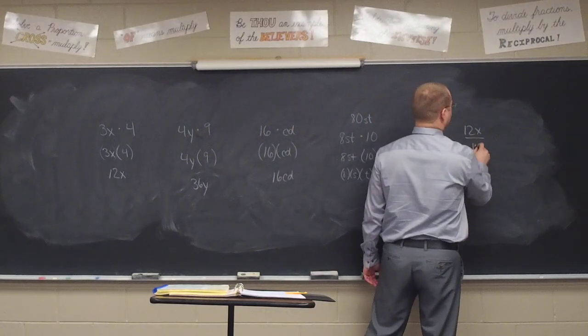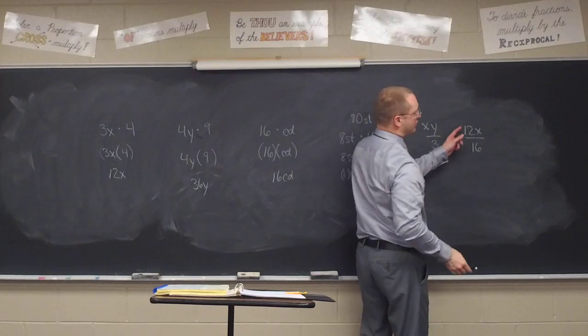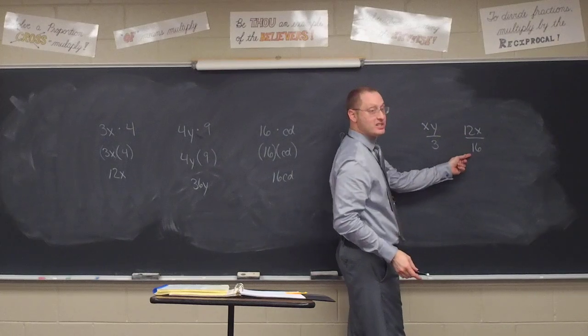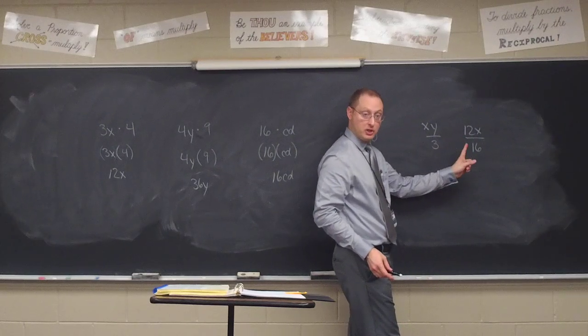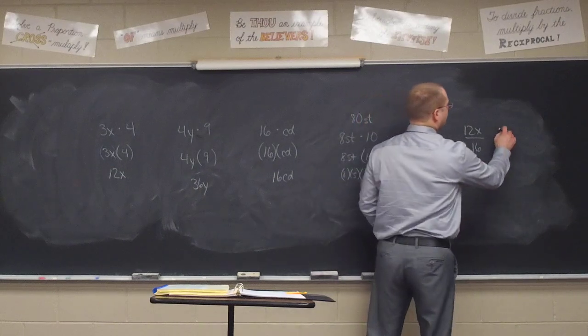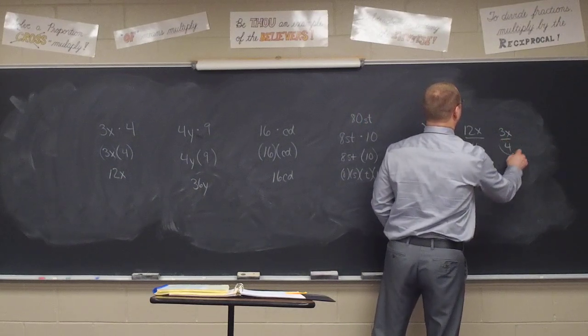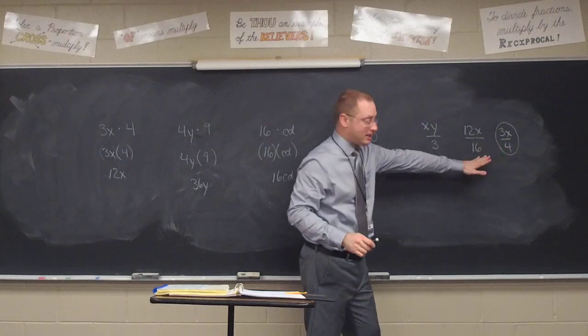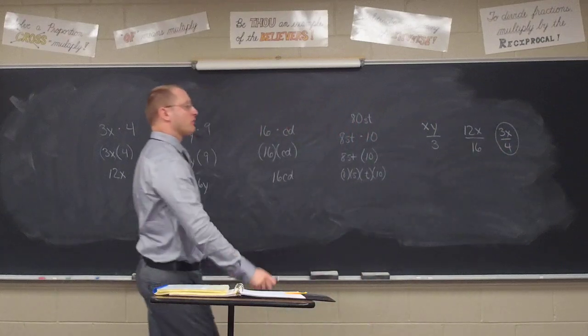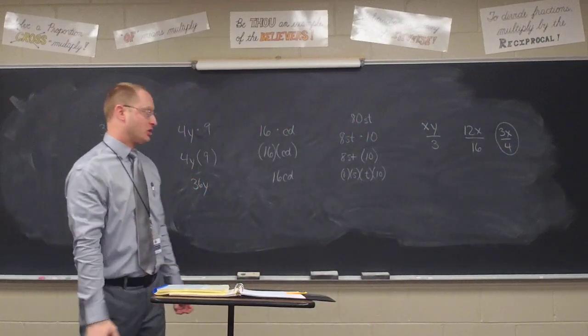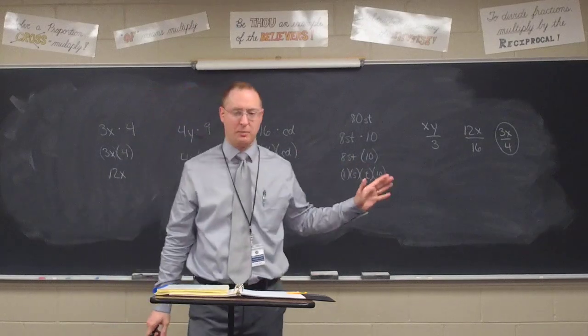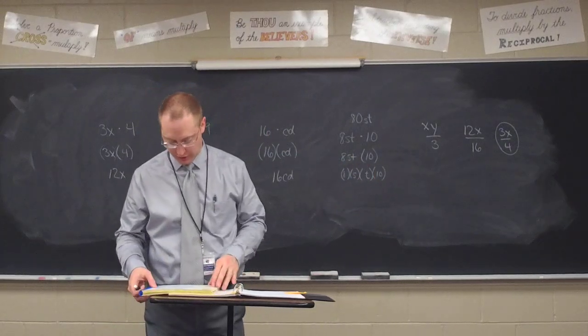The 12x over 16 in number 7. Because what is 12 over 16? That's a fraction that could reduce, couldn't it? So we could say 3x over 4. You shouldn't have written it yet. Write it now. Your 12x over 16 actually reduces to 3x over 4. We're not going to get to that for a little while later. We're just kind of showing it to you a little early there.